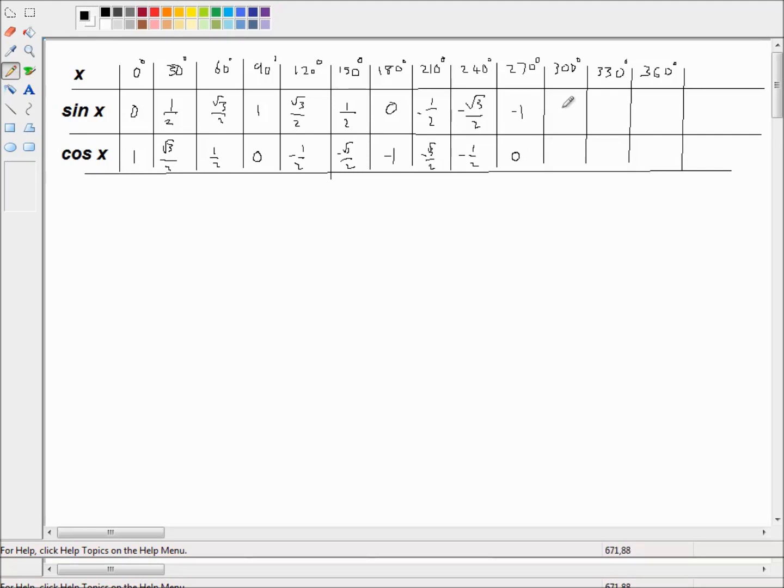So for 300 degrees, we're now into quadrant 4, so the sine is still negative, but the cosine is going to be positive. So this is going to be negative root 3 over 2. And the cosine this time is going to be positive a half.